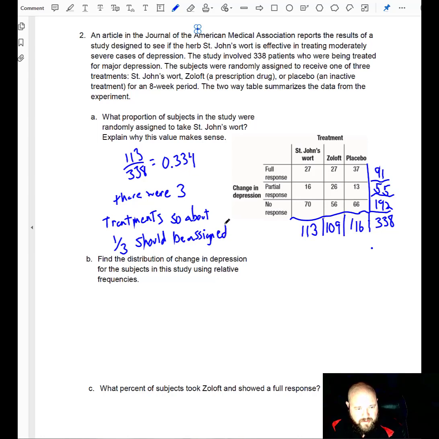Otherwise, it's not a very fair study if they didn't at least make it somewhat close to being equal, right? For all the different treatments.